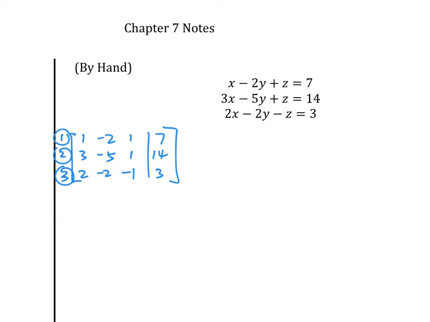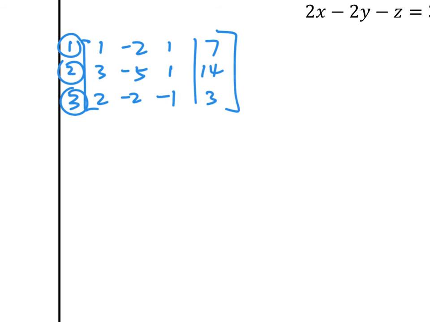The whole idea is we're going to try to get to the reduced row echelon form, which is the identity matrix, by hand. And we have to follow a few rules about how to manipulate these rows. So the whole idea is we want to get 1, 0, 0, 0, 1, 0, 0, 0, 1. And if we get to that point, then this part is automatically the answer.